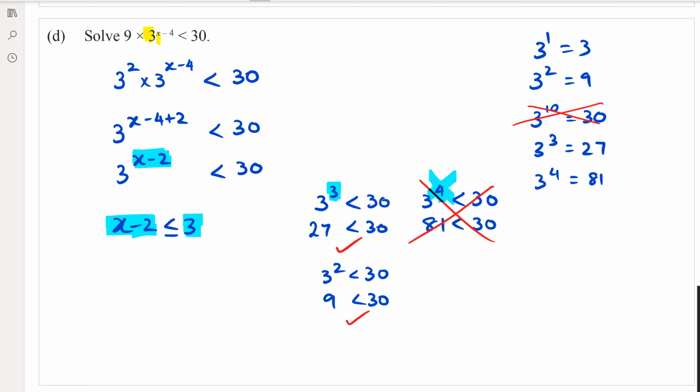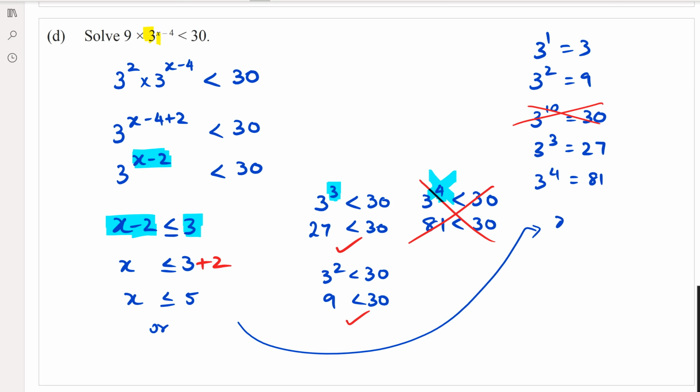And when we do that, we've got a simple linear equation that we need to rearrange, which is going to look like 3 plus 2, which means x is less than or equal to 5. So this is one answer, or some people might actually do it with that it has to be less than 4. So the other way you could do it is, sorry, I got to go down to this other side here. Some people might say x minus 2 is actually less than 4 because it can't be 4.